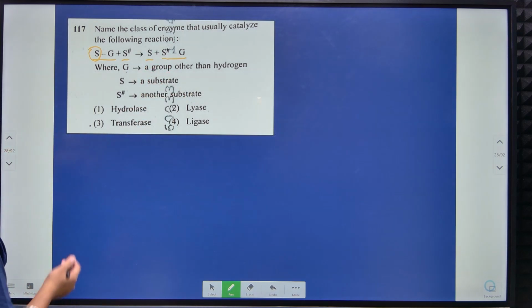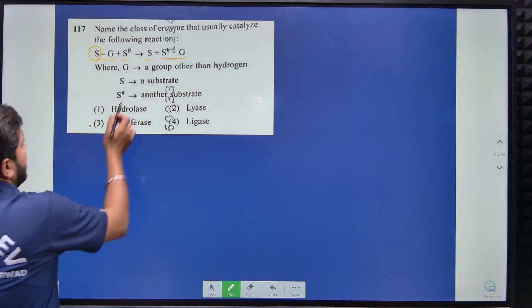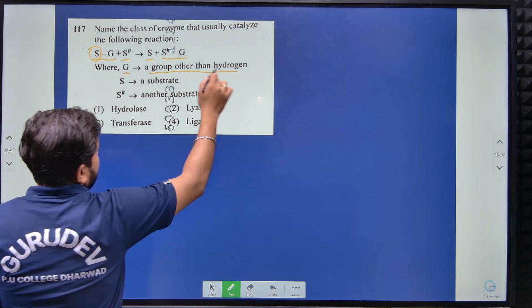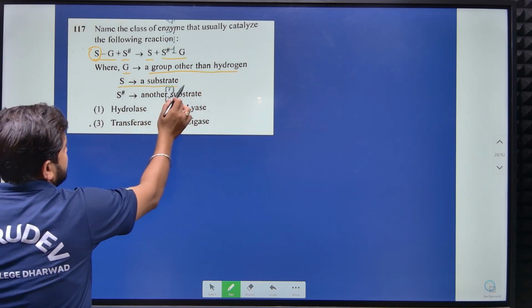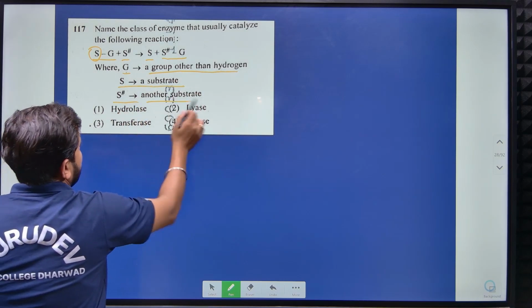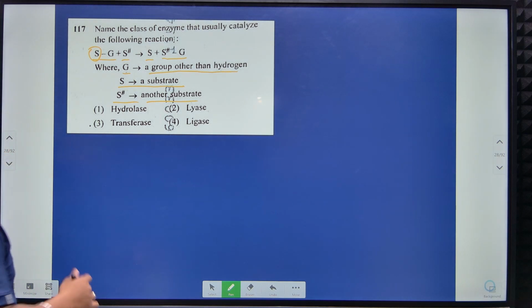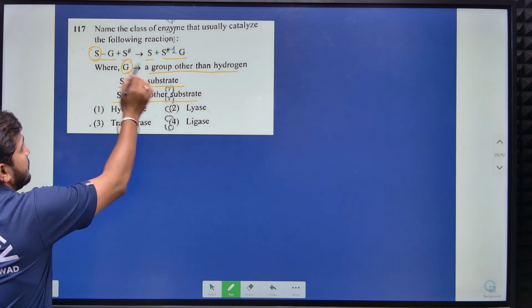G is a group other than hydrogen, S is a substrate and S hash is another substrate. So based on that, the transfer of this particular group took place.